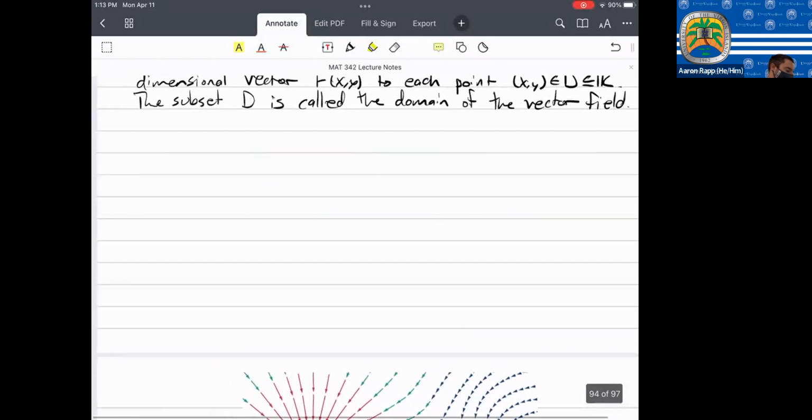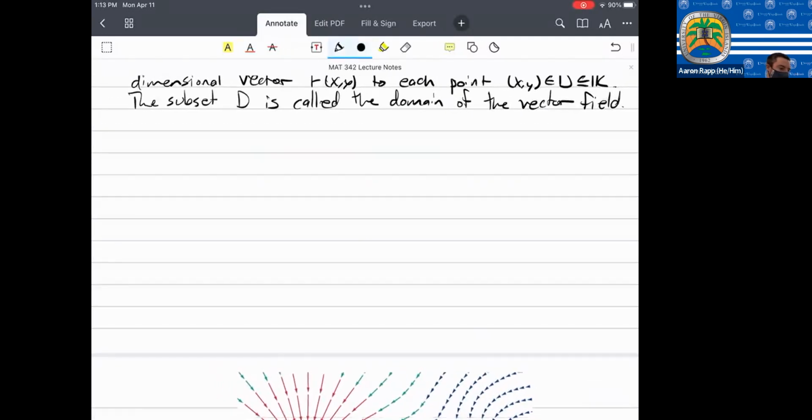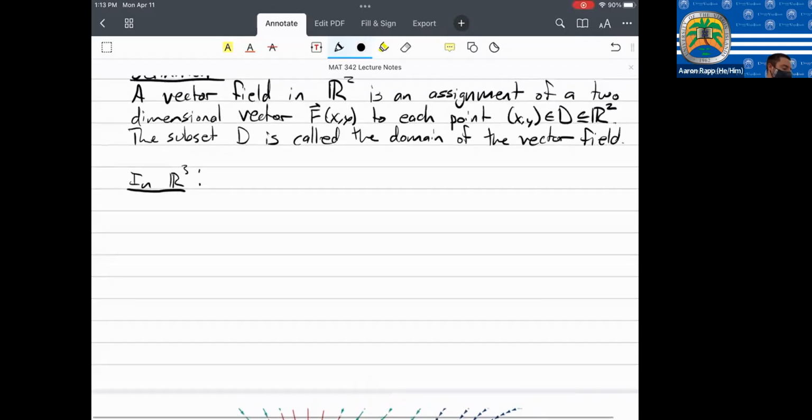Oh, I wanted to make this note. In 3 dimensions, pretty similar definition.